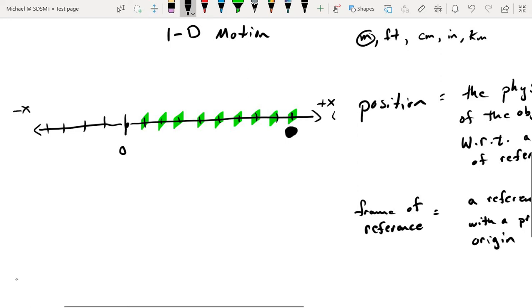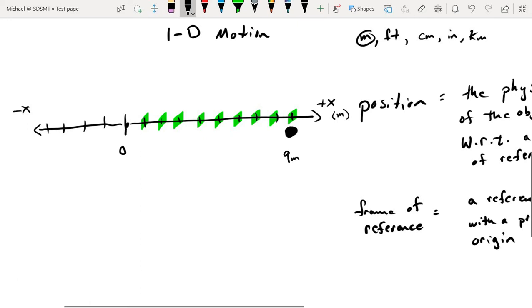So I'll go ahead and say that everything on this reference frame is measured in meters, and so every one of those tick marks is a value of 1 meter. So our particle is currently at the location 9 meters.